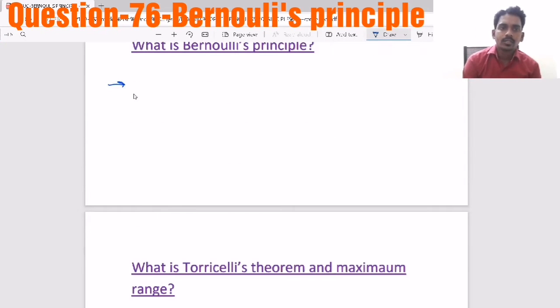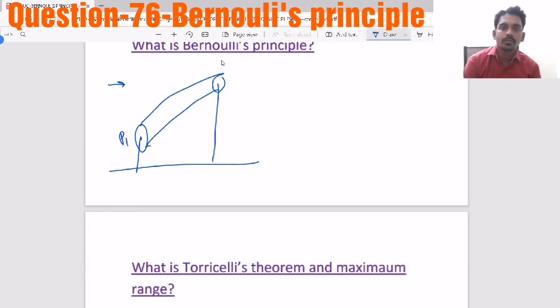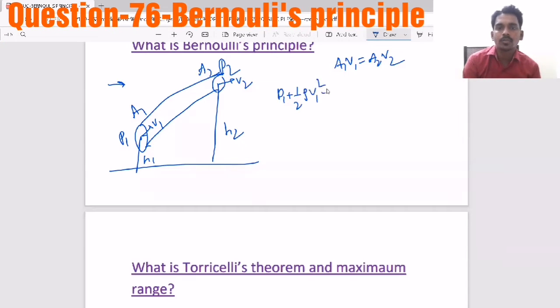And for such a flow, when you consider any 2 points where pressures are P1, P2, heights are H1, H2, speeds are V1, V2, and areas are A1, A2, then one equation is A1 V1 equal to A2 V2 and another equation is P1 plus half rho V1 square plus rho g H1 equal to P2 plus half rho V2 square plus rho g H2.